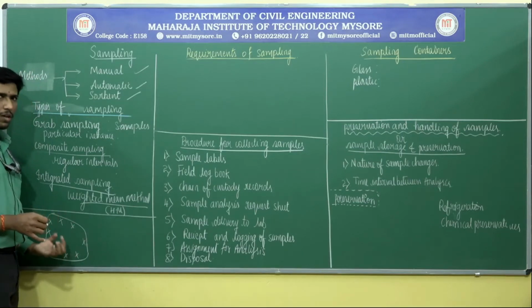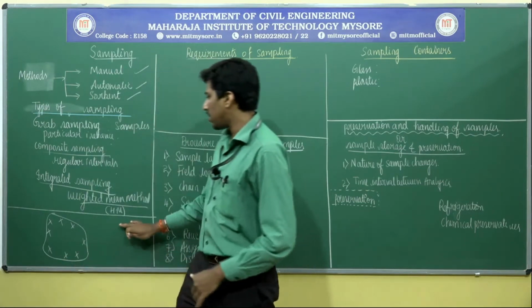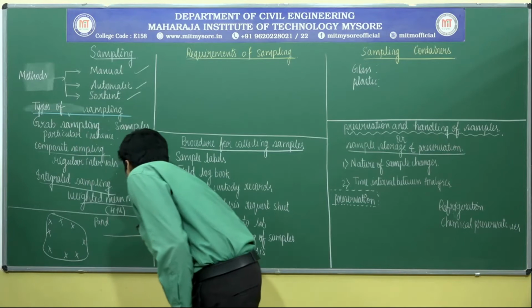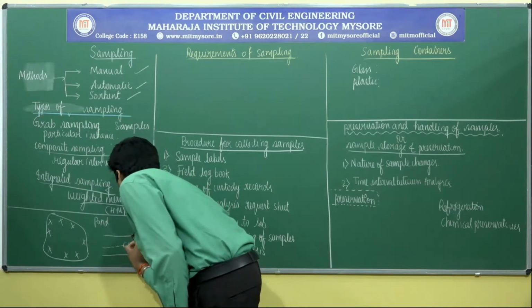The location and place where you collected the samples are to be written down. In the case of ponds or rivers, the sampling has to be done along the center line.